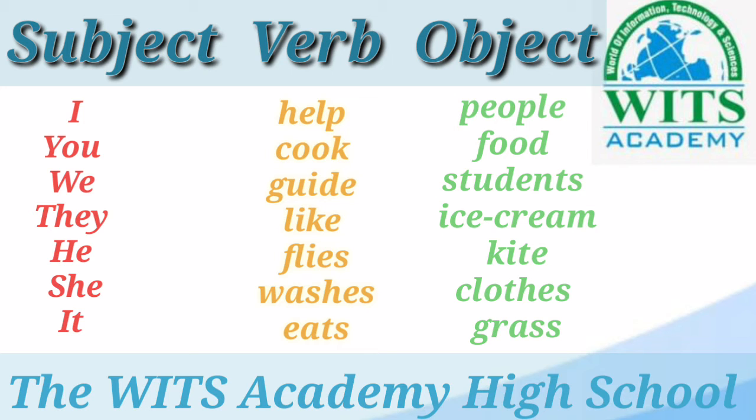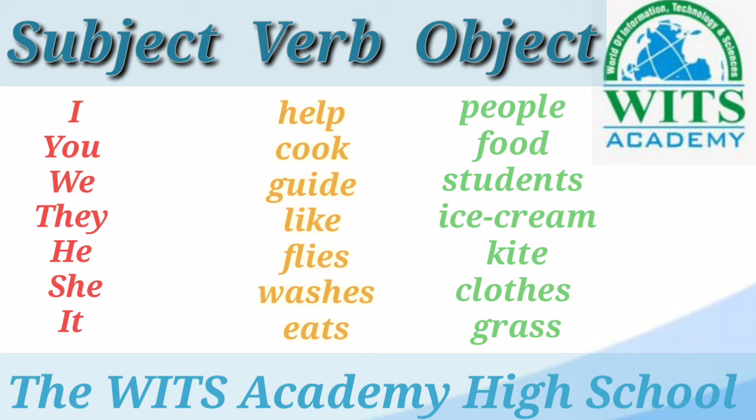I used he flies, washes and eats. They are not in their original form. Students, subject doing the action, verb showing the action, and the object receiving the action which is done by subject.